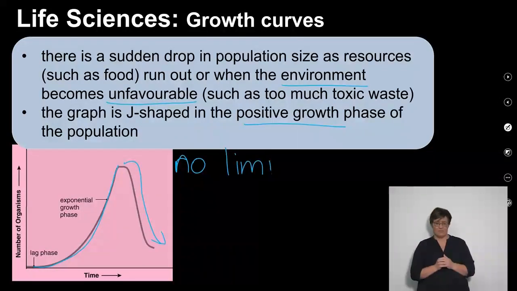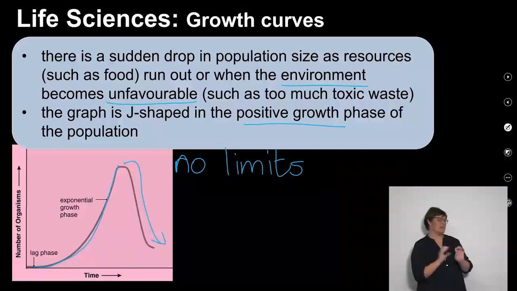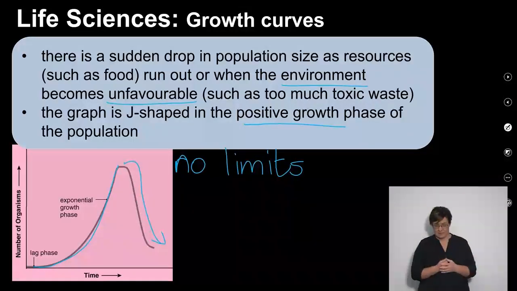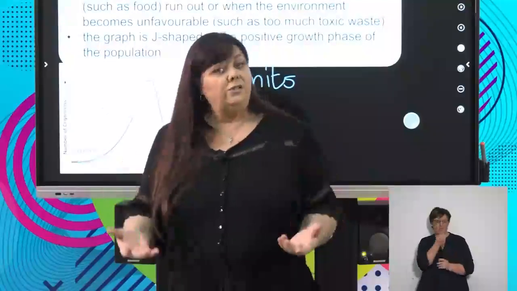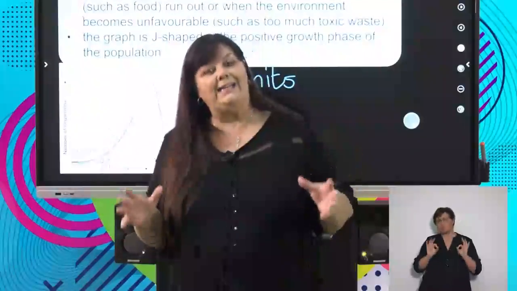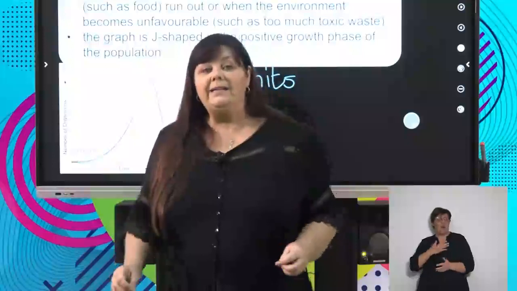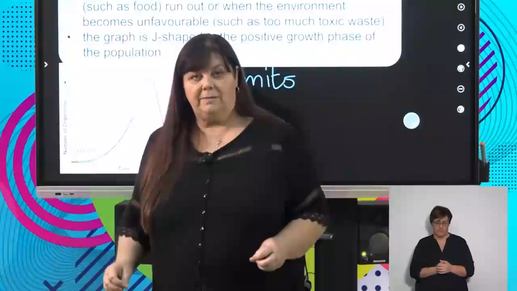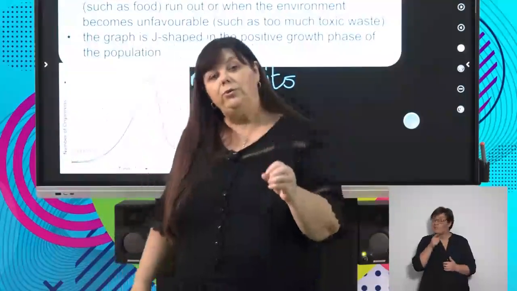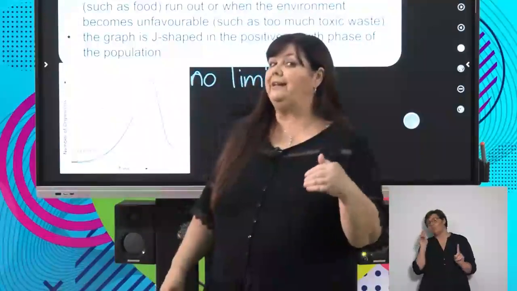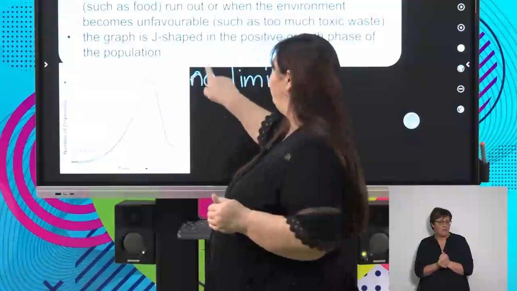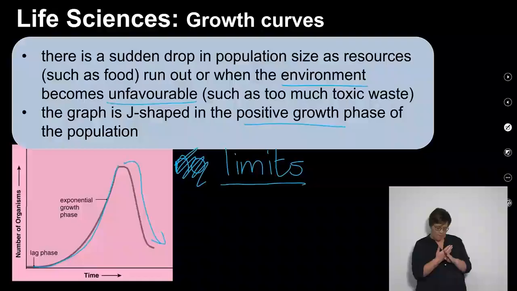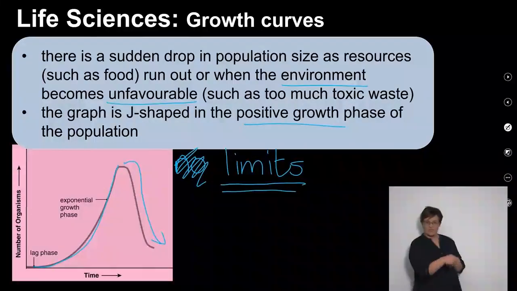All right, nothing is placed on this population in terms of a limit. Lots of food, lots of space, ideal temperature, ideal oxygen conditions. I want you now to predict what would happen if we in fact placed limits on the population.